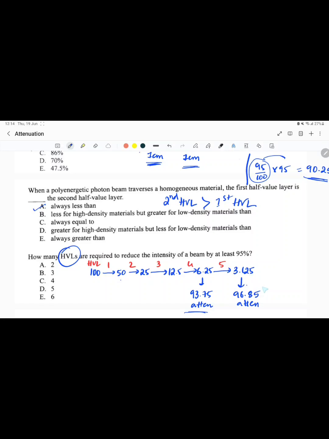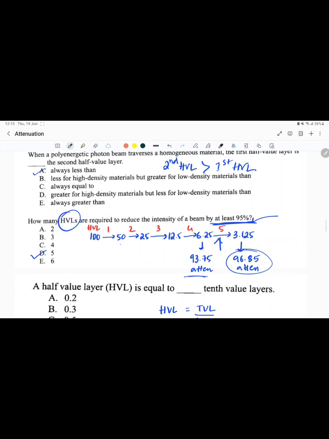With 5 HVLs, the beam is reduced with 96.85% attenuation. So at least 5 HVLs are needed to reduce the intensity by at least 95%. The answer over here is D, 5.